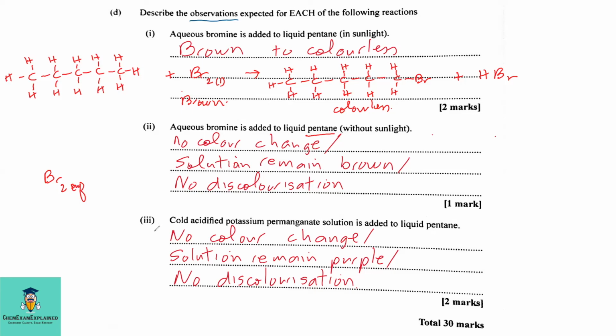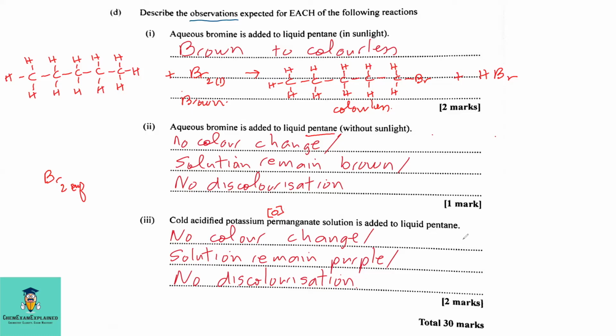Part 3. Cold acidified potassium permanganate solution is added to liquid pentane. The first thing I want to say is that potassium permanganate is an oxidizing agent, represented by an O in a square bracket. The oxidizing agent would not react because the pentane, being an alkane, would not undergo any reaction.